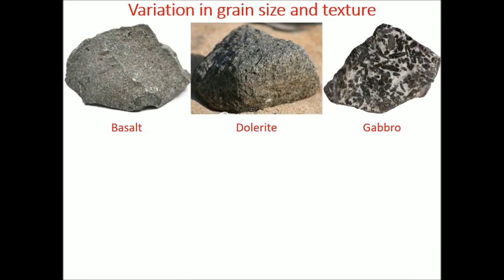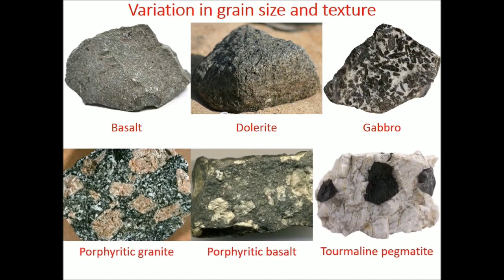Now the variation of intensity. You remember the classification, the bottom right part of the classification: coarser grain is gabbro, medium grain is dolerite, and fine grain is basalt. And there are a few textures. Porphyritic texture is possible in both granite and basalt.